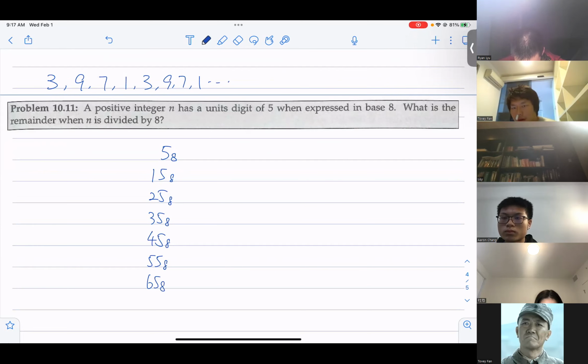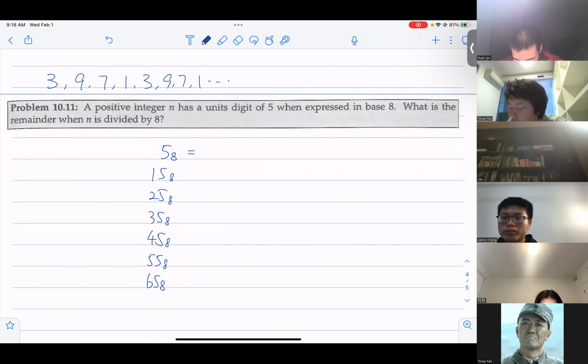For all of these numbers, if you express it in the decimal system, this becomes 5. This becomes 1 times 8 plus 5. This is 2 times 8 plus 5, and this is 3 times 8 plus 5, and this is 6 times 8 plus 5.